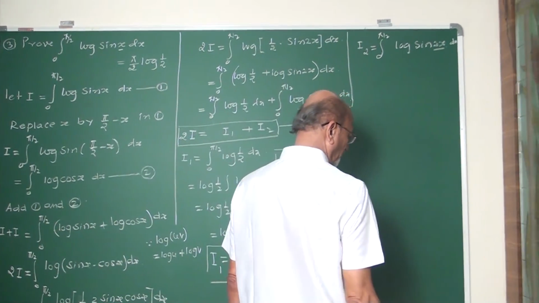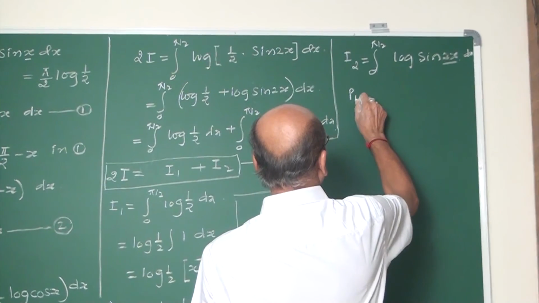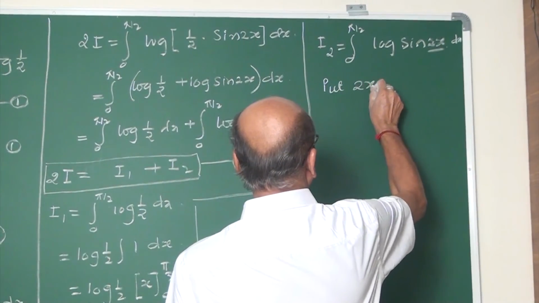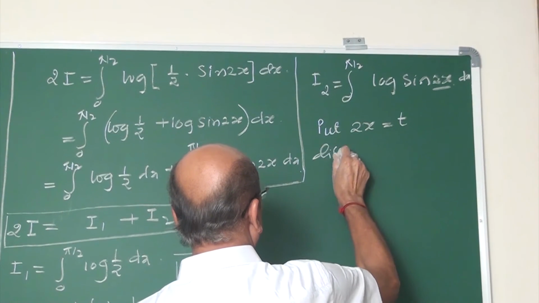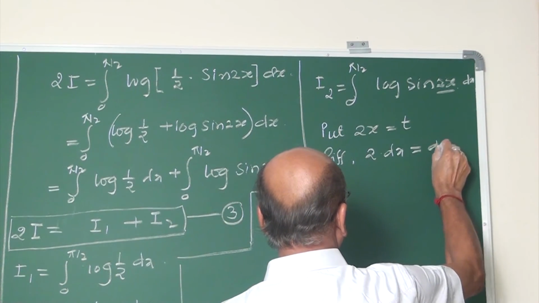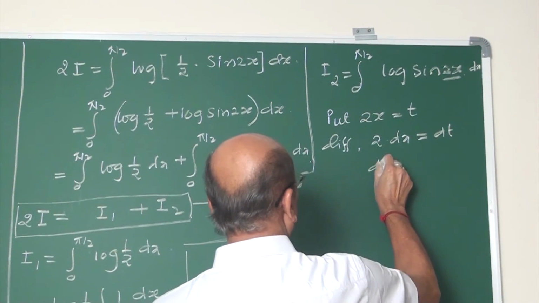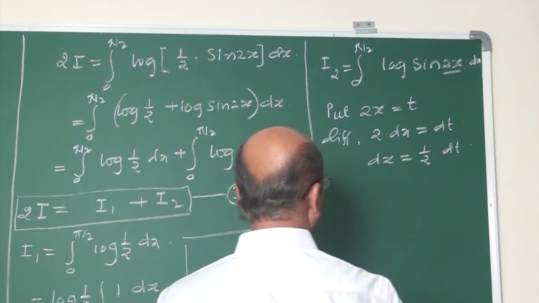For that, put 2x equal to t. Differentiating, 2 into dx equal to dt. And what is the value of dx? It is 1 by 2 into dt.